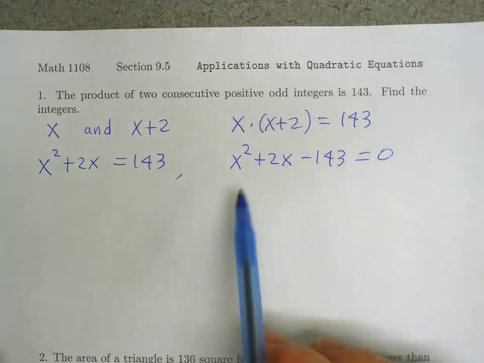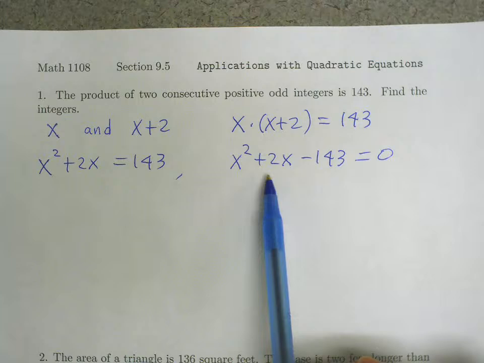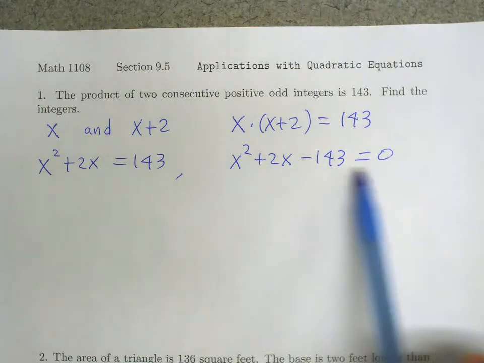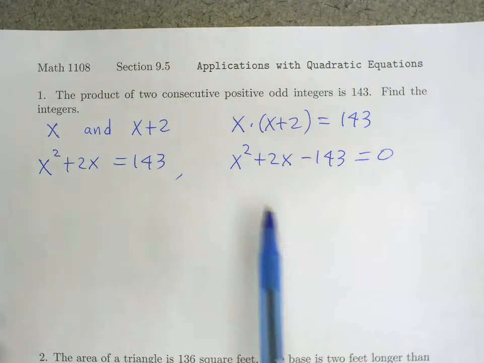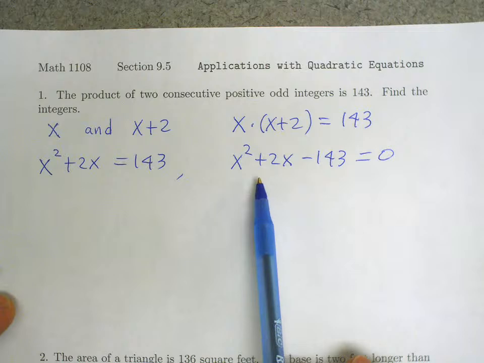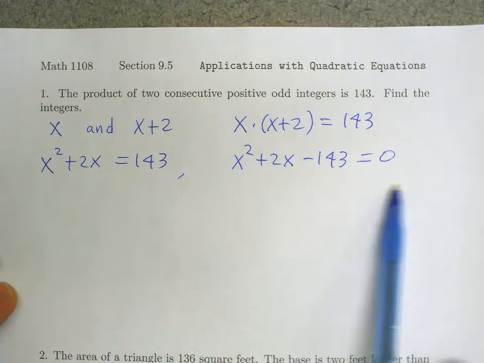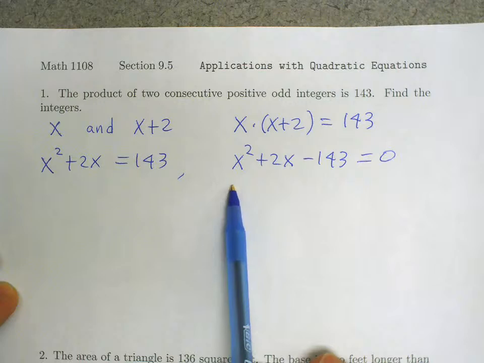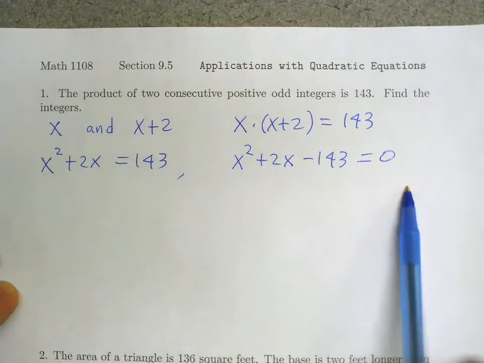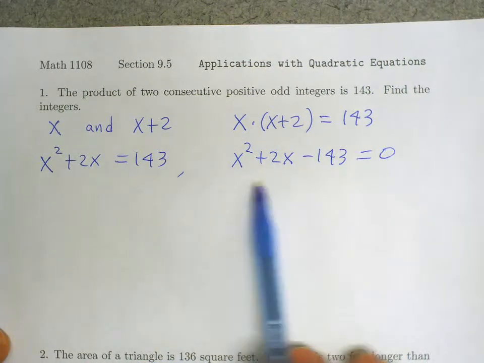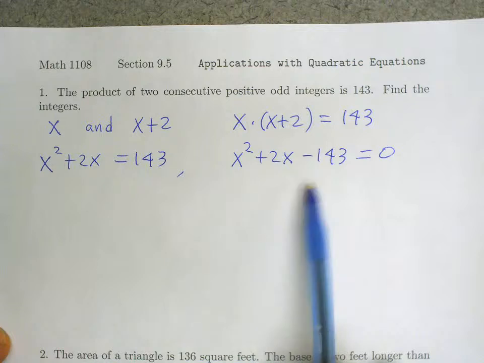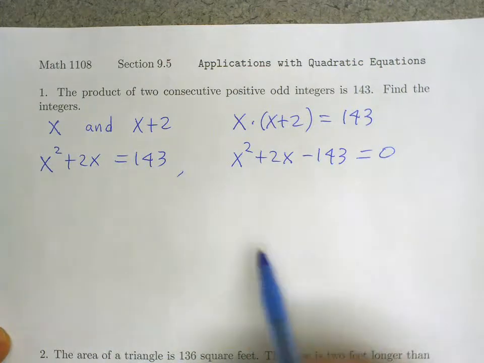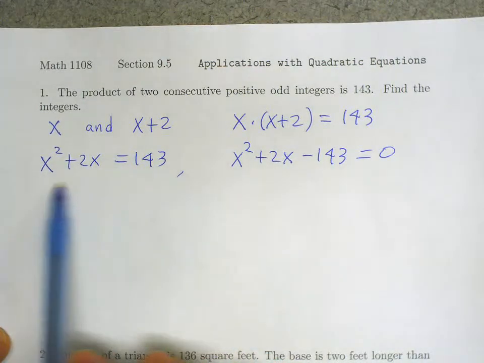Okay, so we can use any method that we want to solve this. I'm going to use the completing the square method, but if you would rather use the quadratic formula, you can. But I'm going to use the completing the square method. I'm going to add 143 to both sides, so I could have just started with this one.